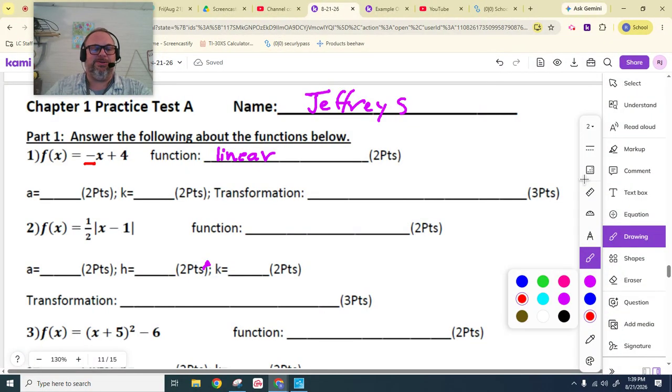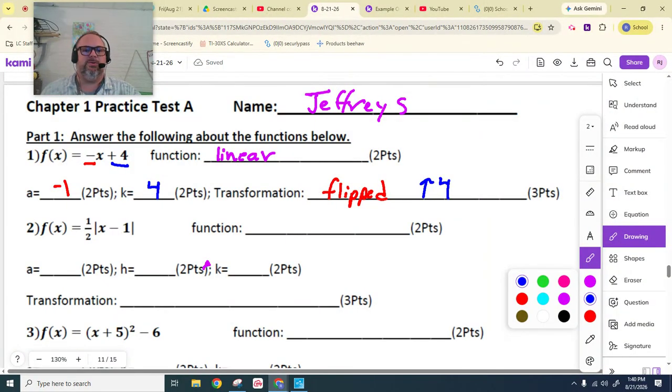What is our a value? -1, so it's flipped. Our k value is 4, so this means up 4. Now remember, you could actually write the word up, or you could do the arrow. Just make it where I can read it, okay? Believe it or not, I'm a very simple person. I mean, if you want to Barney style it down as much as possible, that's fine.